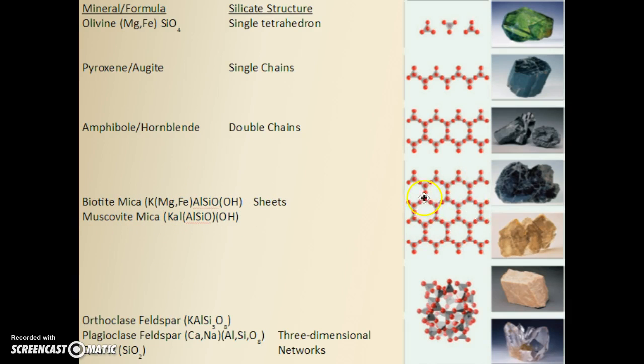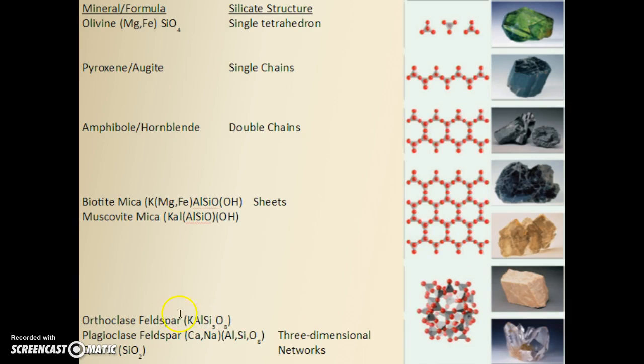But notice, because it continues cooling and its chemistry evolution continues to take place, it gets more complex. Here we go, single tetrahedron. Here we're talking chains. Here we're talking double chains. Now we're talking sheets, right? And then last but not least, the most complex networks are your three-dimensional networks.